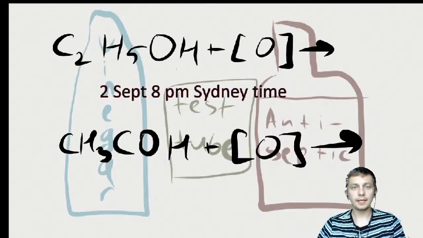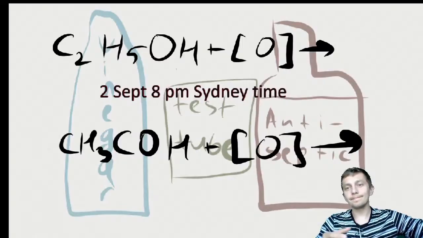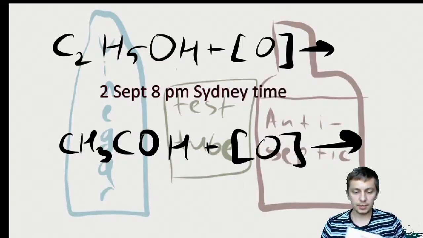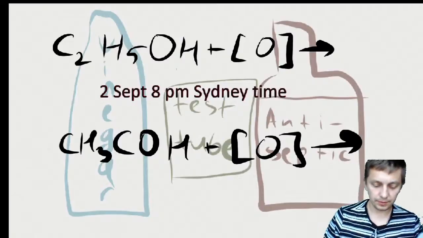Today we will discuss some reactions of organic compounds with oxygen. They will be not redox reactions, and I will show a general tendency for all these types of compounds.